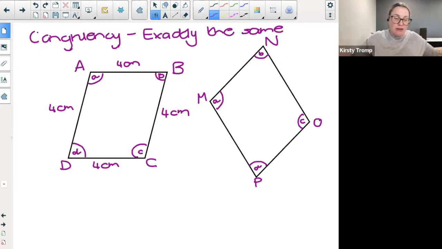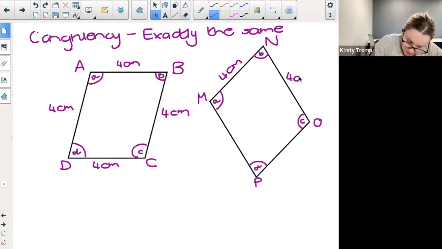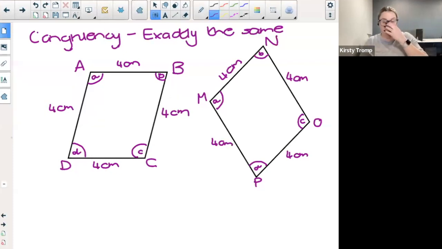In similarity, the sides are in proportion. But now that they are exactly the same, it means that the original side was 4 centimeters, so this side is also going to be 4 centimeters, and this side is also going to be 4 centimeters, 4 centimeters, and 4 centimeters.